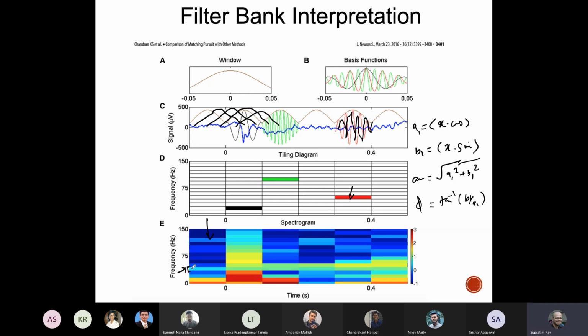This width here, what is it dependent on? Is it dependent on the frequency? Is the width different for this frequency versus that? No, right? It's the same width. So what is this width dependent on?